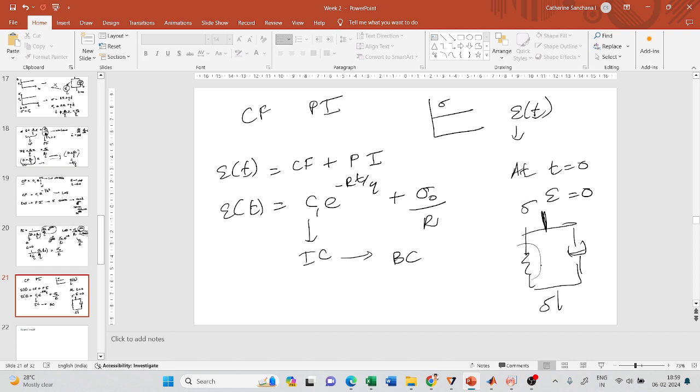Though the spring will immediately deform, the dashpot will prevent it from deforming. The dashpot will take time to deform, right? So because of this, the spring will also not deform. So at time t equals 0, epsilon is going to be 0. So this is my boundary condition. So substitute it in this equation. So 0 equals C1 plus sigma naught by r.